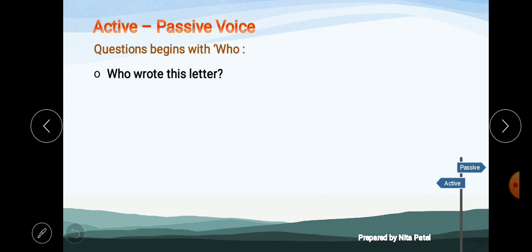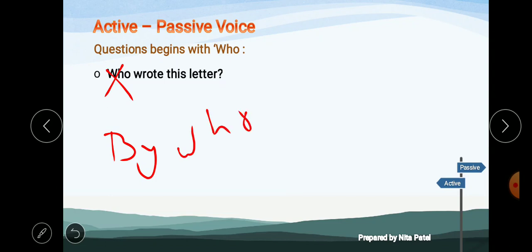Okay, let's see with an example. Who wrote this letter? Again, as I told you, we'll cut this "who". In place of it, we will write "by whom". Now after the WH word, the to be form or auxiliary. Now look at this, it is the simple past tense, so we'll go with the to be form.